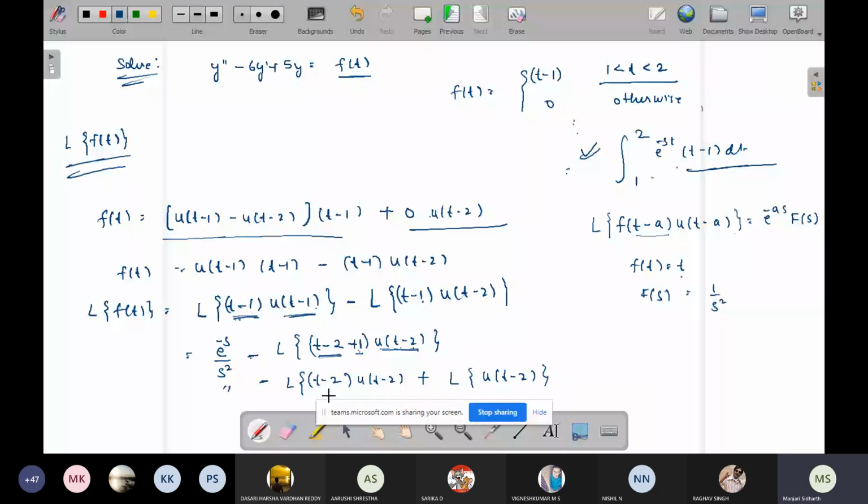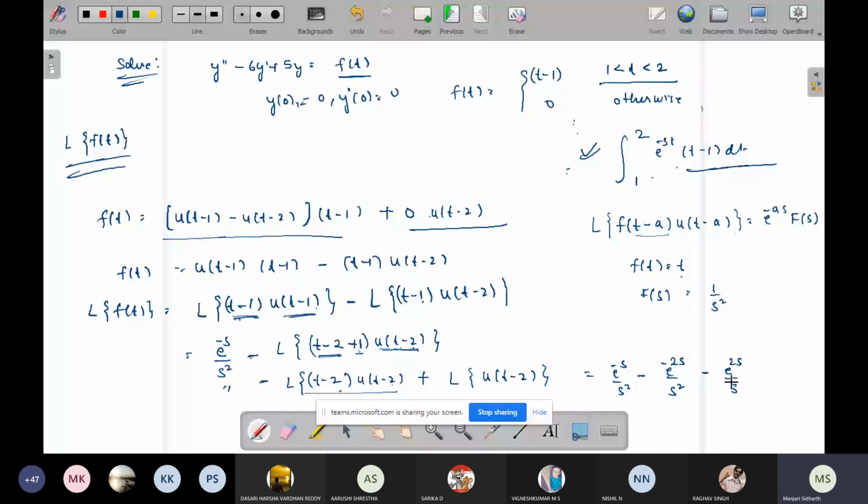So I'll write the first term e power minus s over s square. Take y0 and y dash 0, both are 0. E power minus s over s square minus e power minus 2s over s square, because a is 2 here. Now here e power minus as means 2s, divided by s, simply the Heaviside function.